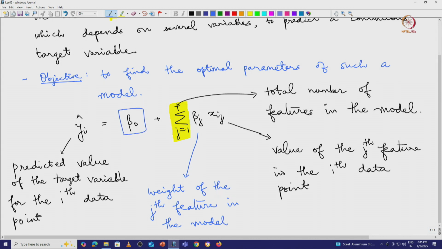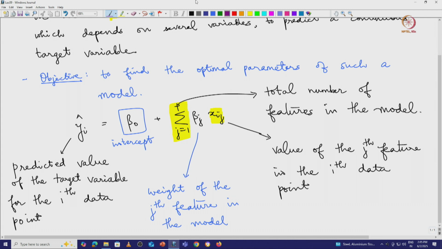This beta naught is just some kind of an intercept, because you have to set the scale for your predictions. Your predicted value may be very large, so you may have an intercept in the model. This is the prediction when the value of each of the features is 0. If all the features have value 0, then this summation term is not going to contribute, and the model prediction will solely come from the beta naught term. So that is called the intercept.